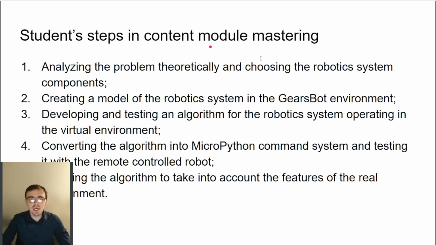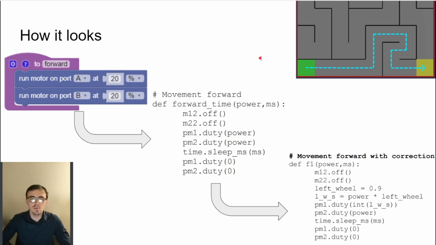You can see an example of a forward-moving function. This function was created by a student for the task of moving along a given track. Step by step, students transform their function from a primitive of the virtual environment to MicroPython code and to improved code after testing on the real robot.